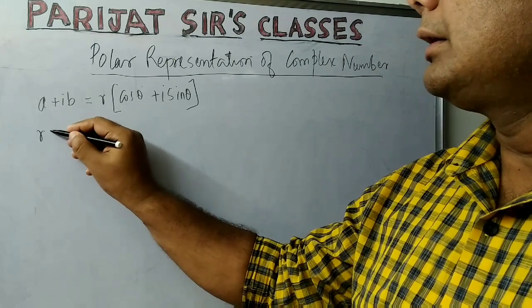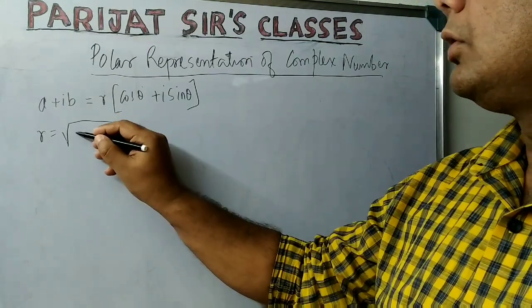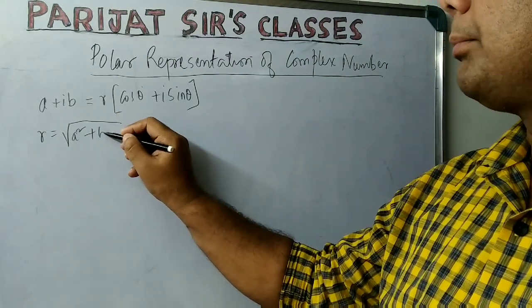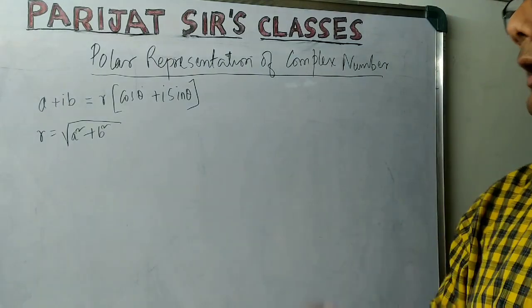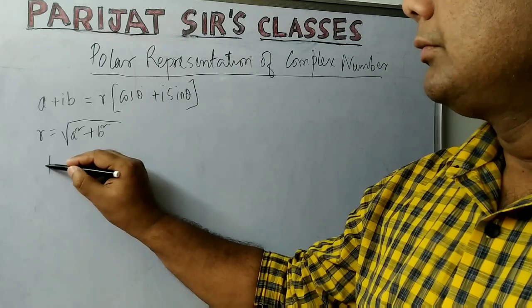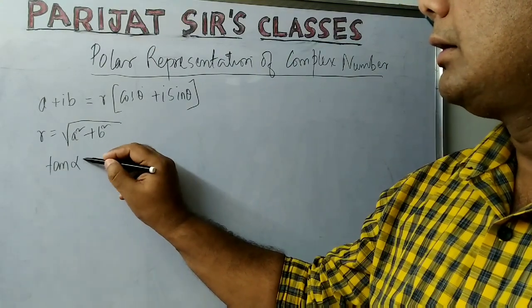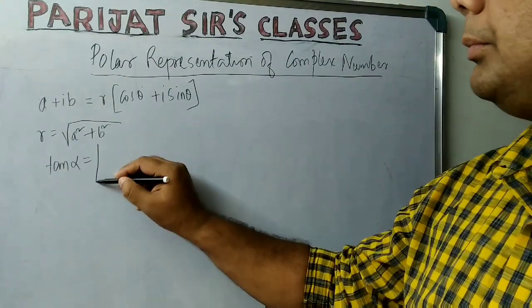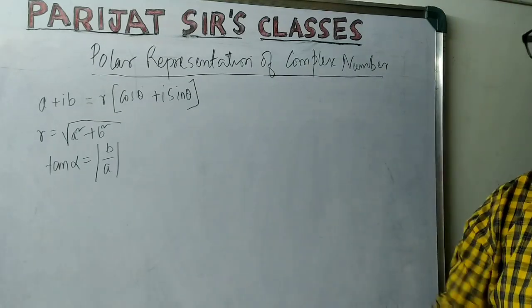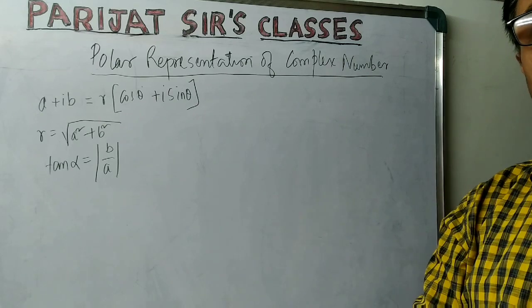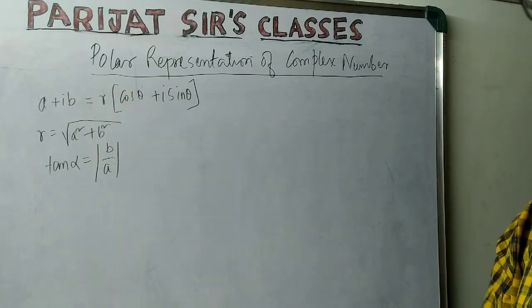So what is r? Here r is root over a square plus b square. This is how you find the value of r, and tan alpha will be mod of b by a.